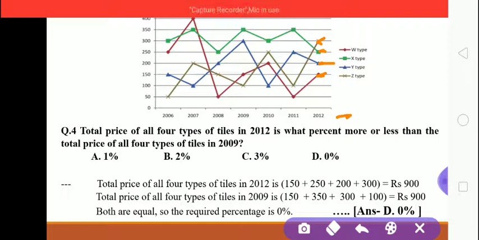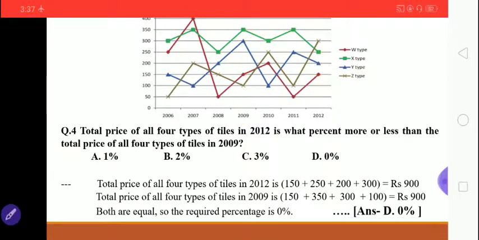So in 2009, calculate the tiles price, you will get it as 900. It is asked what percentage more or less, not the ratio. It is asked what percentage more or less the prices are in these 2 years.